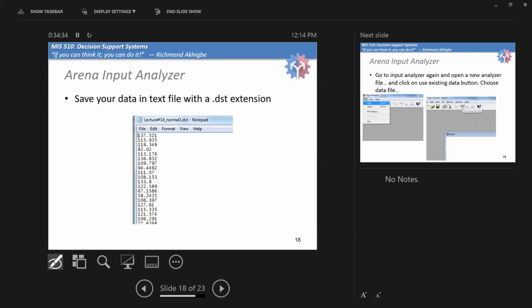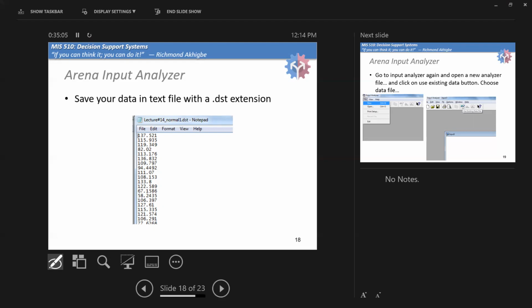I'll show you different examples to fit. What I did there, and I can show it to you, is I generated this data myself. I know it was generated from a normal distribution. So I say go fit in Arena and tell me what you found. This is just to show you an example where I generated data for normal, for Weibull, for beta.